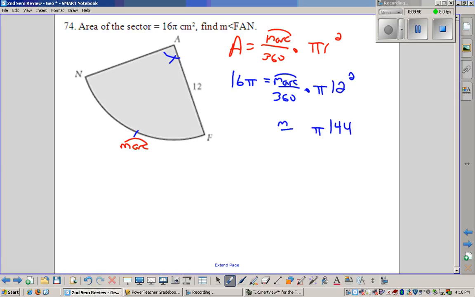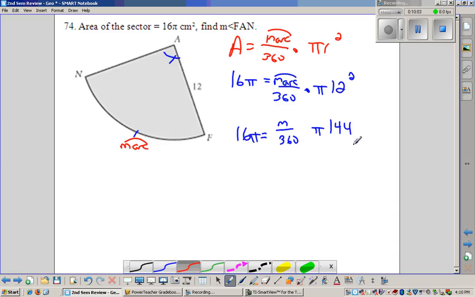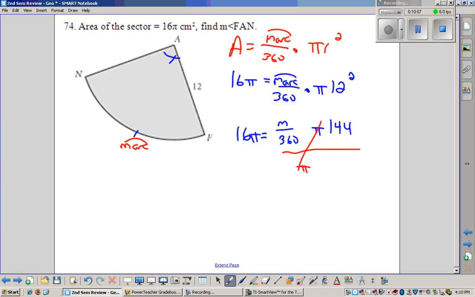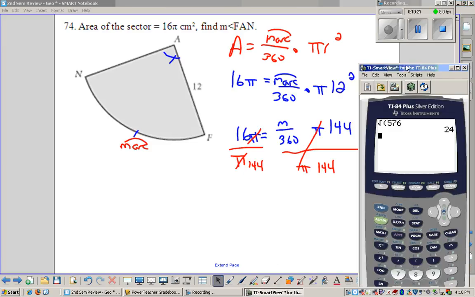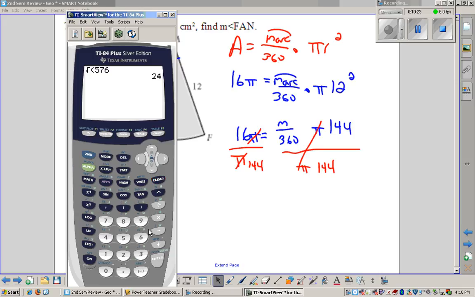And this is where we are right now. We need to solve that. So let's divide by pi, and then let's divide by 144. So we have 16 divided by 144.